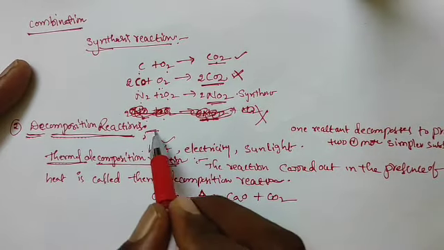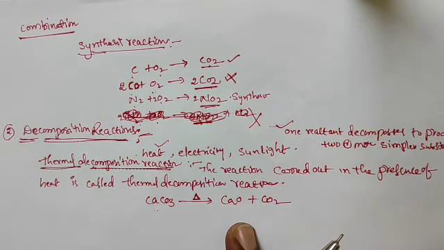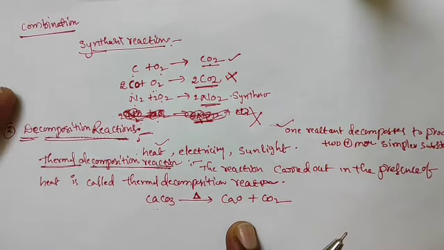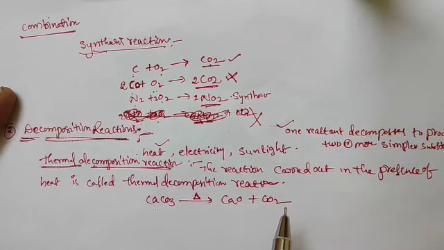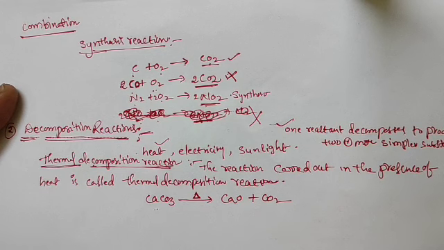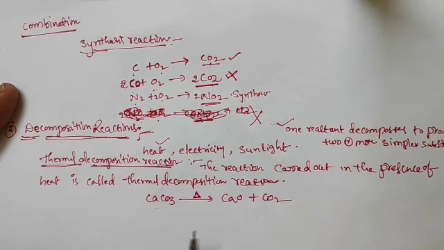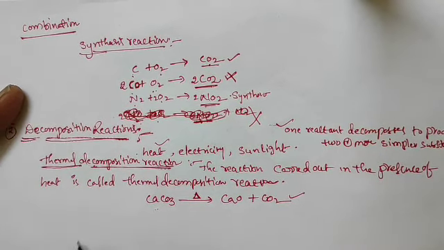So that is the actual decomposition definition. One reactant decomposes to form two or more simpler substances is known as decomposition reaction. In thermal decomposition, the reaction carried out in the presence of heat energy is called thermal decomposition. This is the best example.